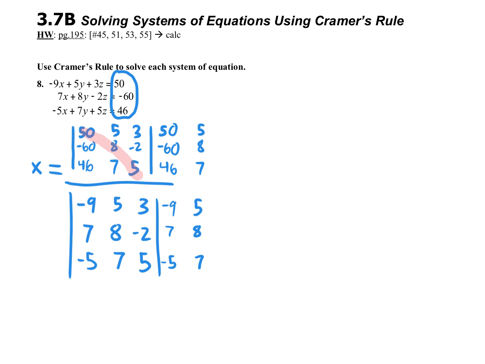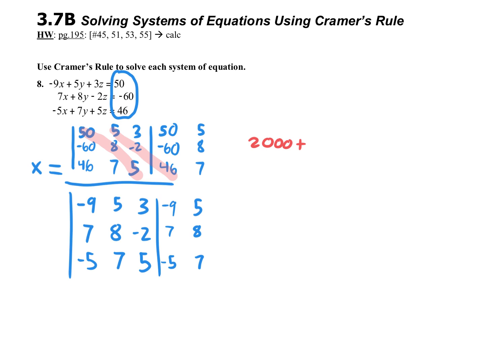All right, so I won't show all my work to save some space. 50 times 8 times 5, that is 2,000. And then next, I'm going to do 5 times negative 2 times 46.